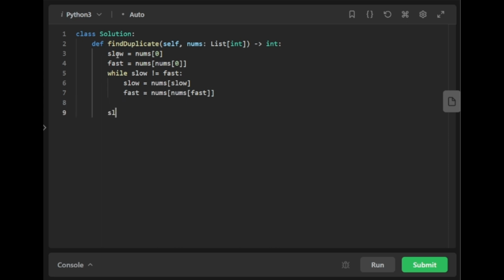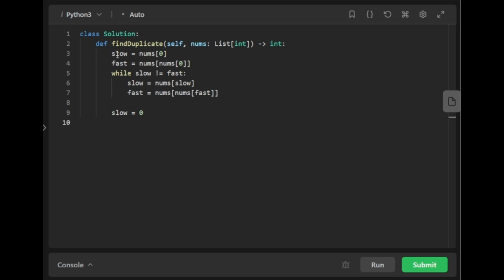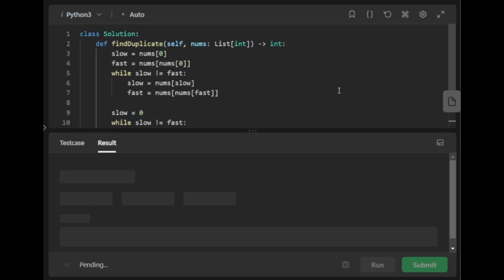Then we will reset our slow to the initial position, and while slow is not equal to fast, we move our slow by 1 step and our fast by 1 step. Now we will just return our fast. So let's run this.